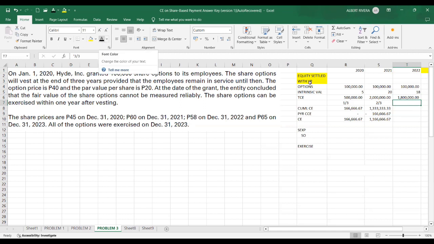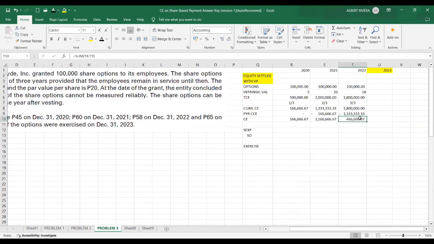So that is 3 over the vesting period. So this is now the cumulative compensation expense minus the prior year's cumulative compensation expense, which is 1,333,333. Okay? So the compensation expense here would be 466,667 for 2022. Entry for this, debit salaries expense and credit your share options.